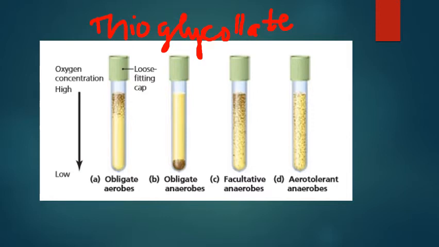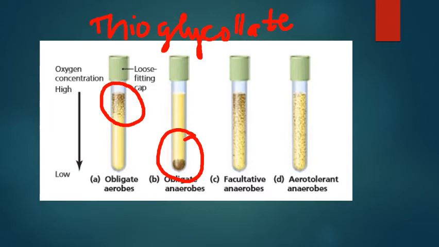This is an example of thioglycolate broth. If you expose the thioglycolate broth to oxygen, if it is an obligate aerobe, the turbidity can be found at the topmost or the surface of the tube. If the organism is an obligate anaerobe, you can see the turbidity below. So, ibig sabihin, hindi siya nangangailangan ng oxygen para magkaroon ng growth.